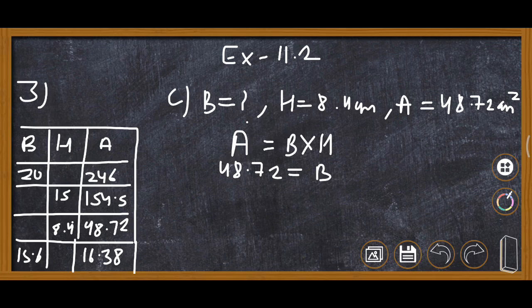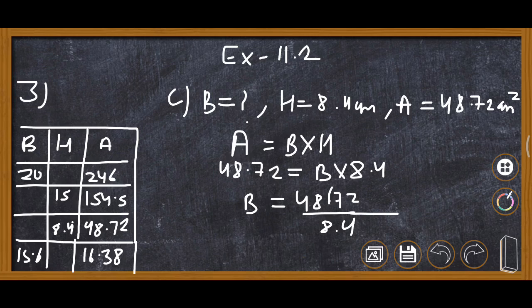Base we are required to find, height 8.4. So base is equal to 48.72 upon 8.4. Now we are required to calculate it. Remove this point, multiply by 100, because this is after 2 places. It is after 1 place, then remove this point and write 10 on the upper side, because it is after one place. Now cut 0 by 0.